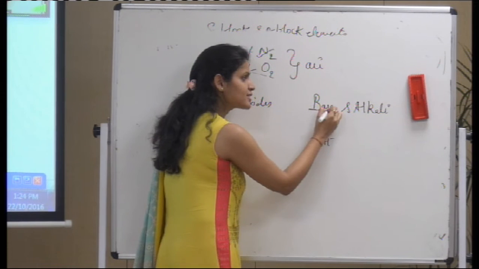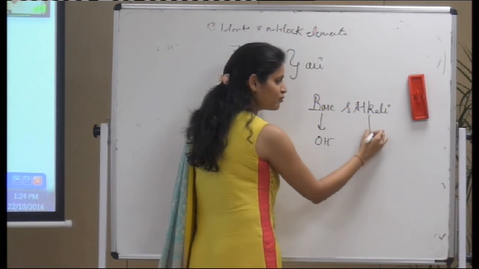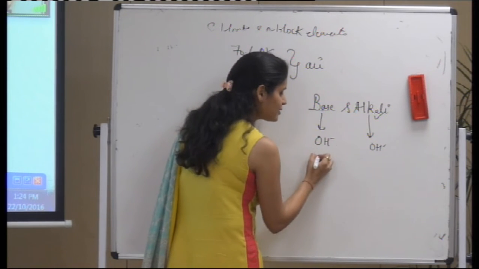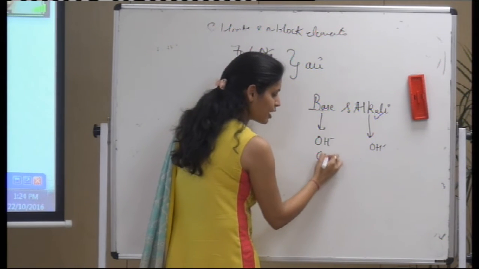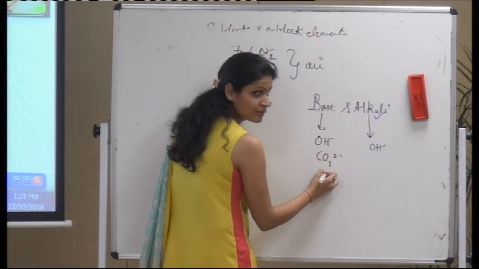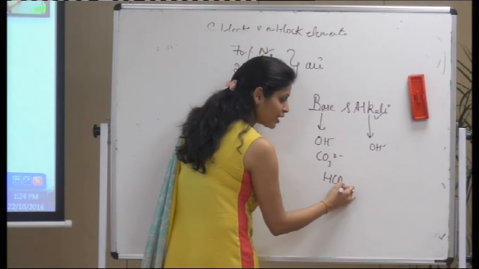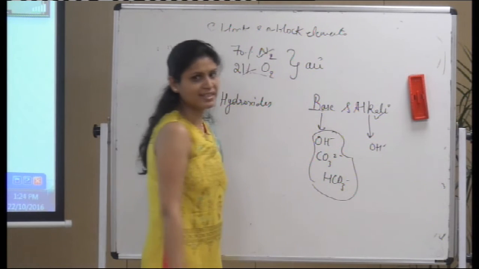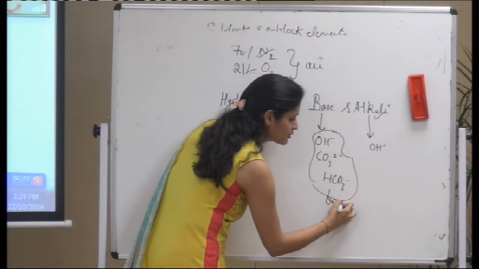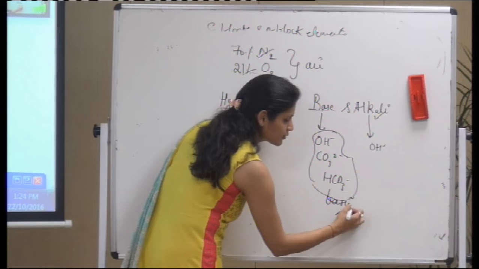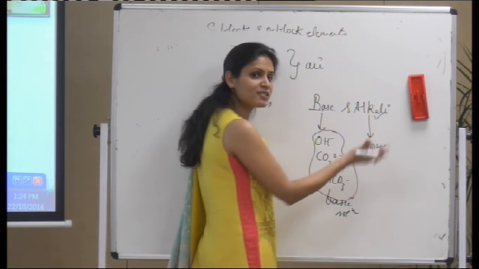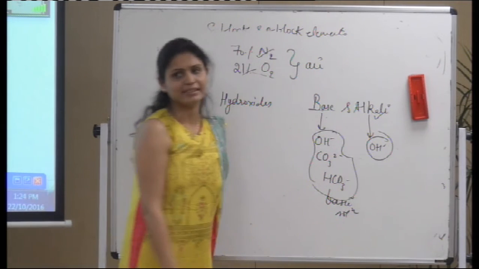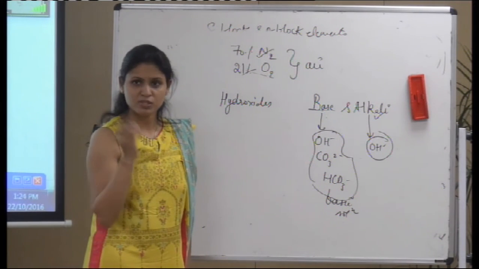A base could be hydroxide or carbonate or bicarbonate, but it is not necessarily that it should give OH minus ions. This is a basic solution. When a base dissolves in water to give only OH minus ions, it is called an alkali. This is the difference. These small differences you should know.